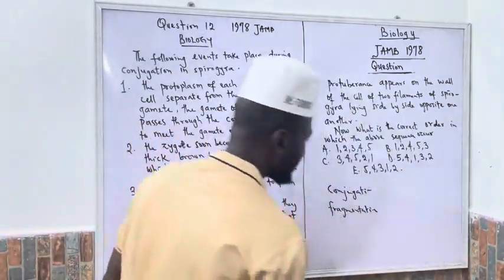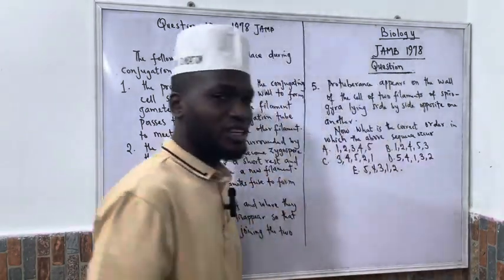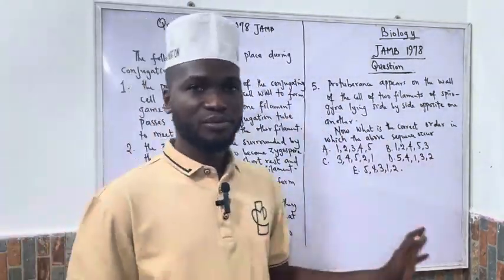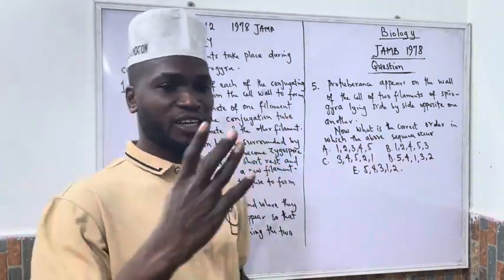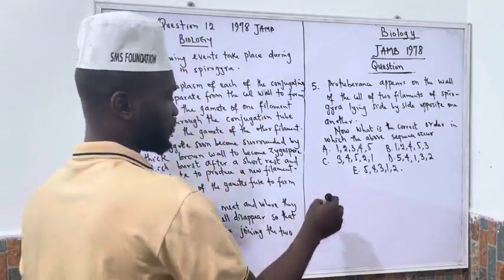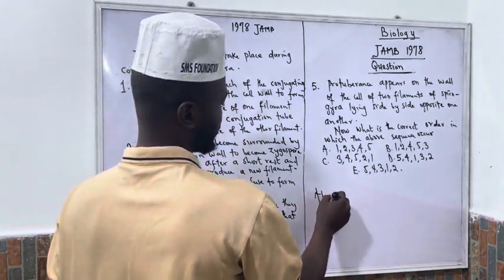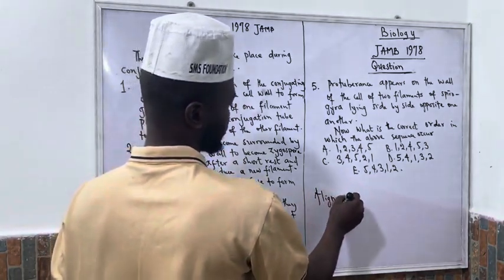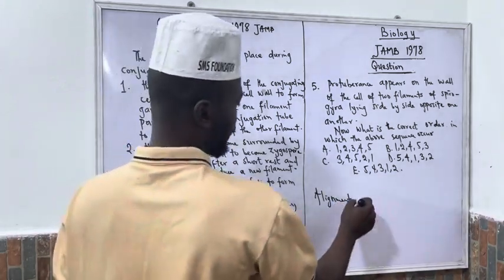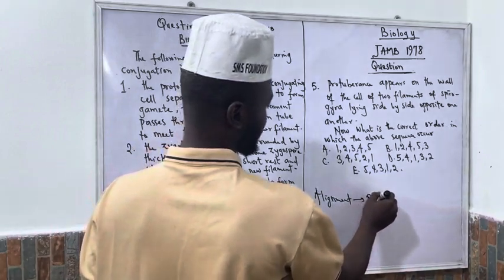Now, I can summarize the whole process of conjugation into 5 important steps. The first one is alignment. Alignment is the first stage, followed by protuberance formation.